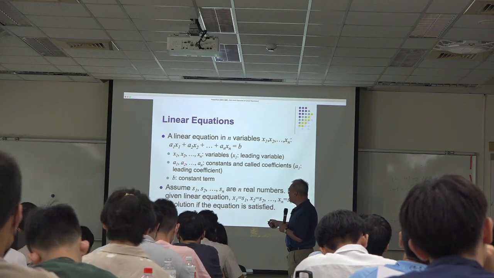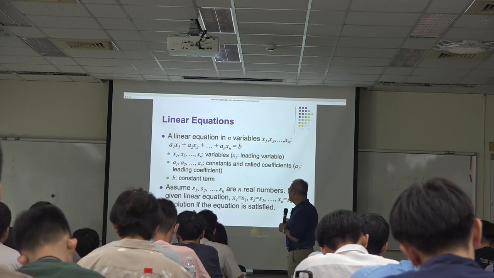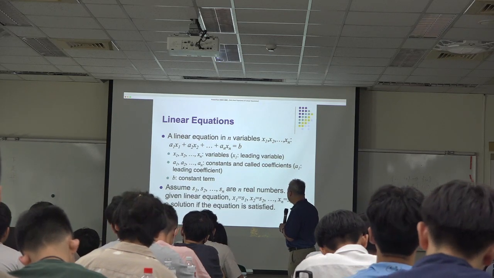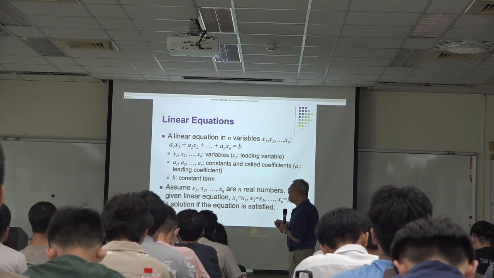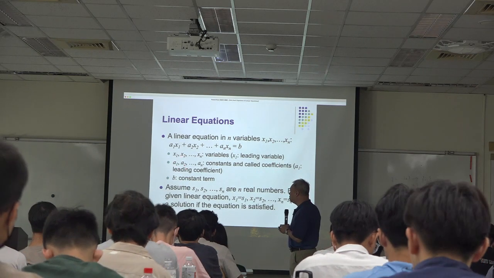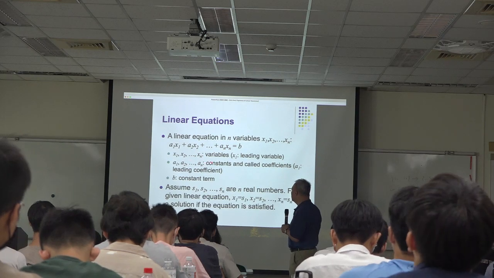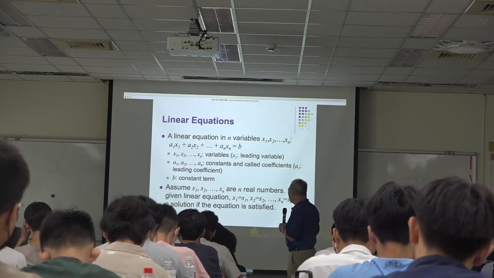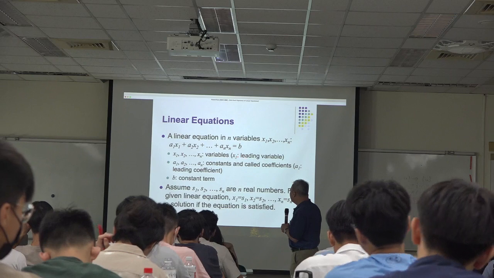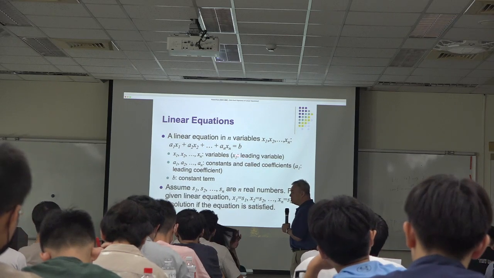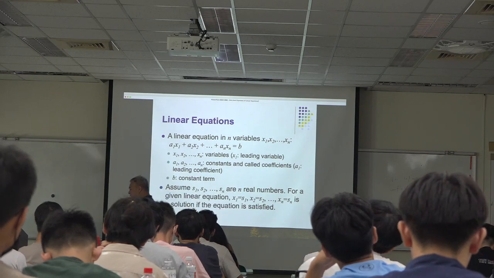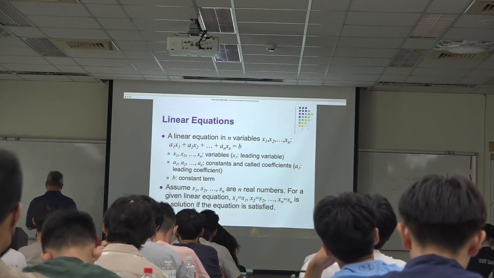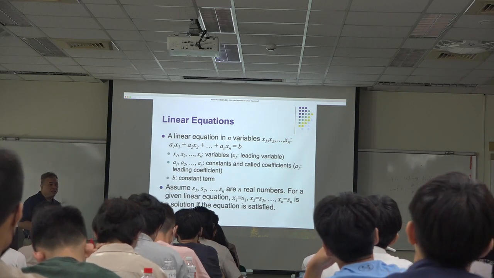a1, a2, up to an are constants, and they are called coefficients. For example, a1 is the coefficient for x1, a2 is the coefficient for x2, and so on. When we say x1 is the leading variable, we normally assume x1's coefficient is non-zero.